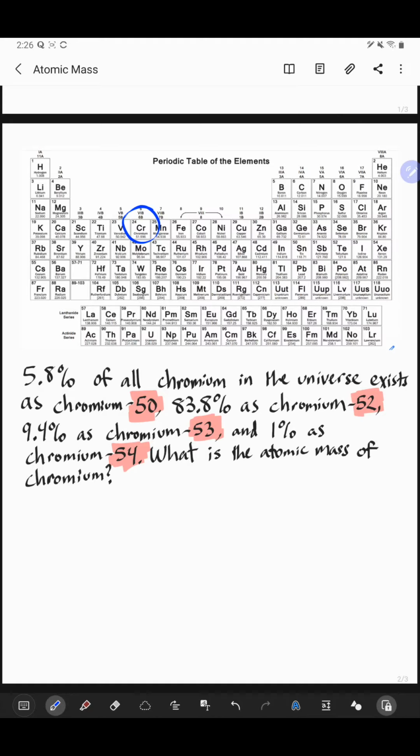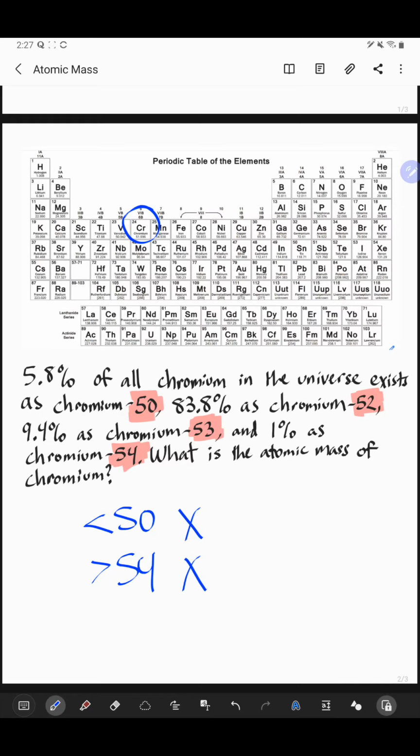So if this is a multiple choice question and any of the answer choices is below 50 or above 54, you can cross those out right away, because it is impossible to get an average that is less than the lowest number or greater than the highest number. So the average always falls between the range in the numbers. That's really important and very valuable in double checking your answers.